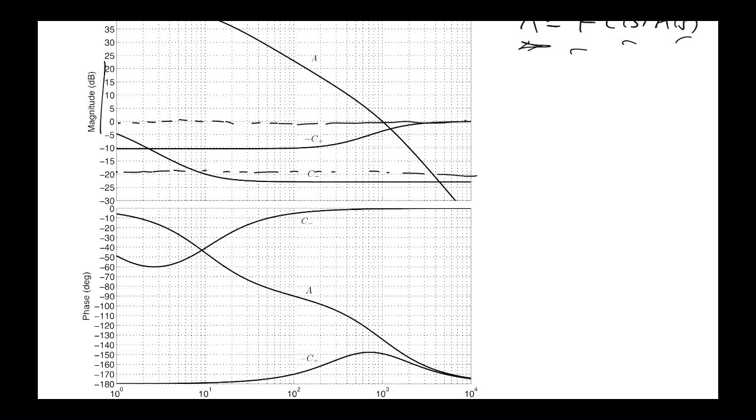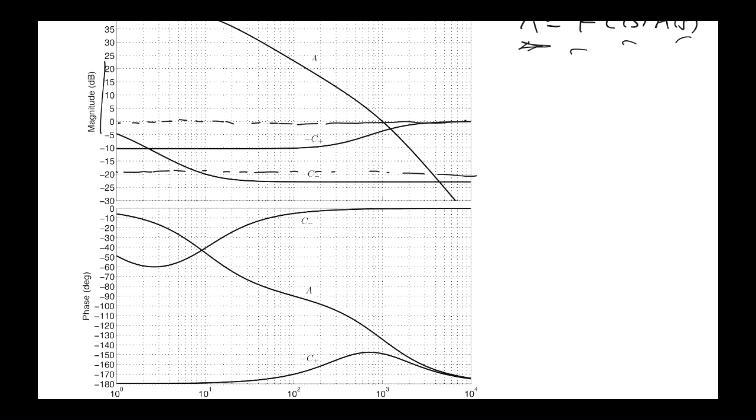So you can see that this is a lag compensator because the pole brings you down before the zero flattens you off. This is the lead compensator because the zero kicks you up before the pole flattens you off again, right? So that's how you can identify whether it's lead or lag. Lead, the zero kicks you up first, the pole then flattens you off, and you always get positive phase, because the zero gives you positive phase and then the pole pulls it back down again, all right?